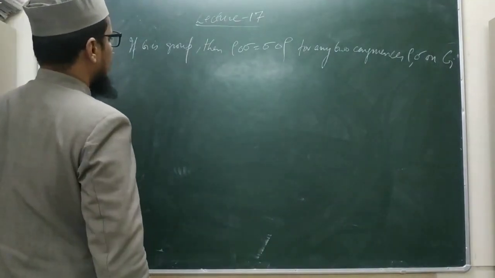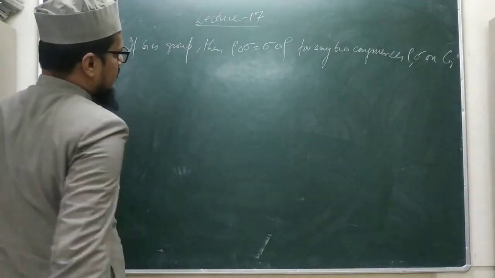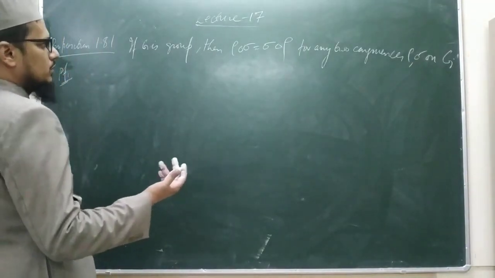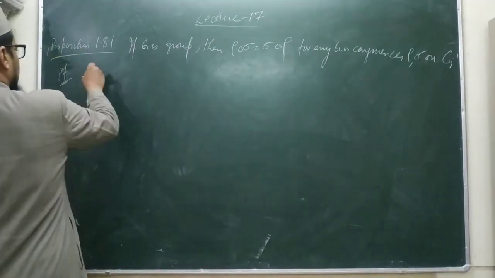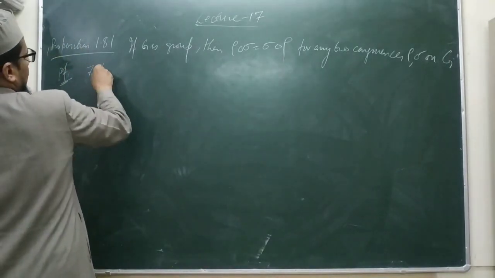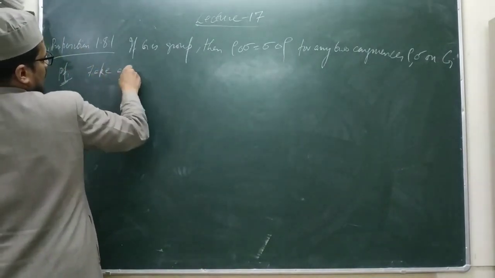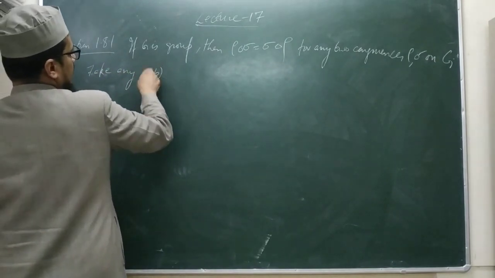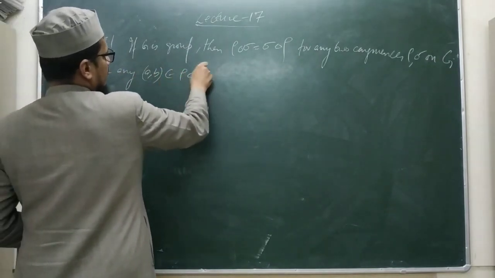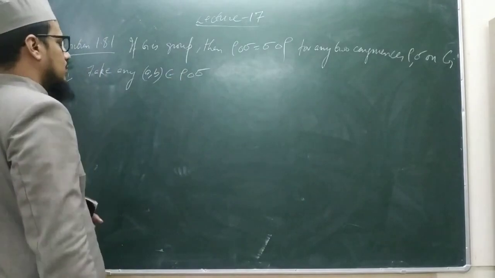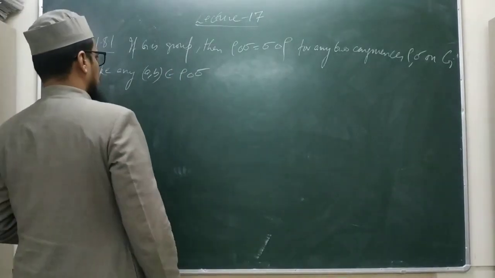So for this you take an element in rho composition sigma and show that the element goes in this. So take any (A, B) belonging to rho composition sigma, correct?